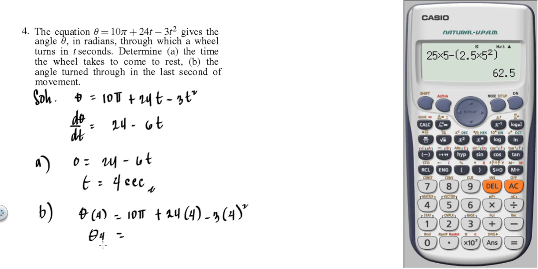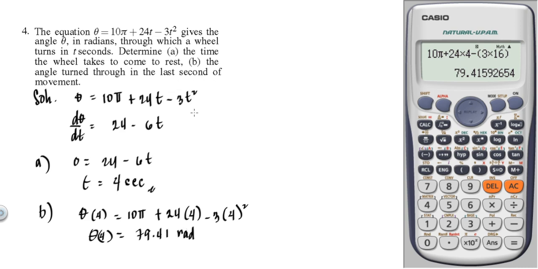This is equal to 10 pi plus 24 times 4 minus 3 times 16, which equals 79.41. This is not yet the answer, because the question says last second of movement.